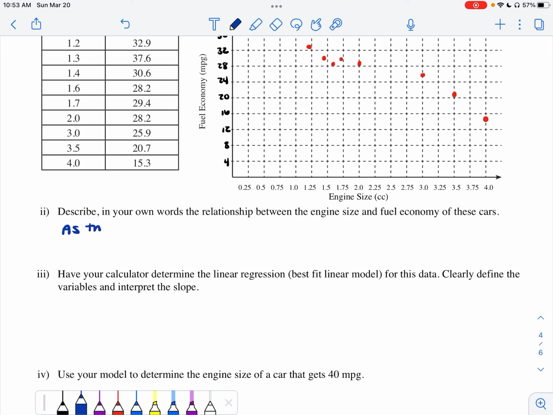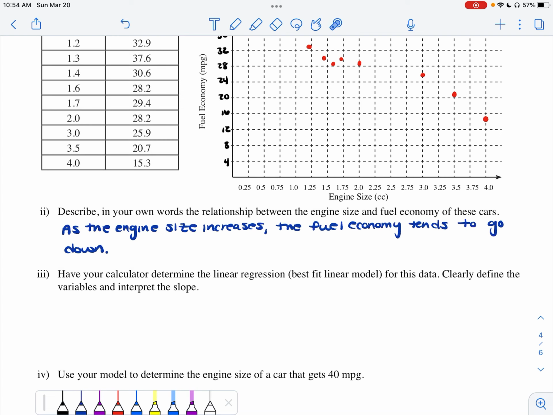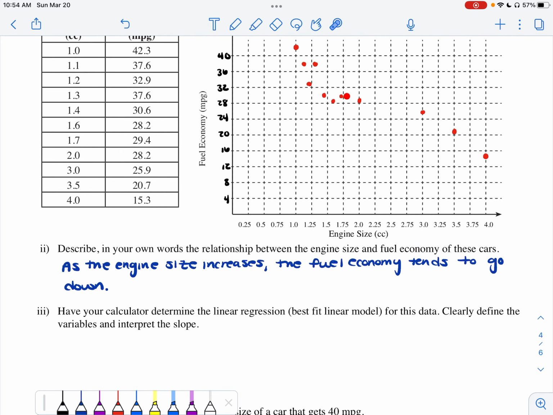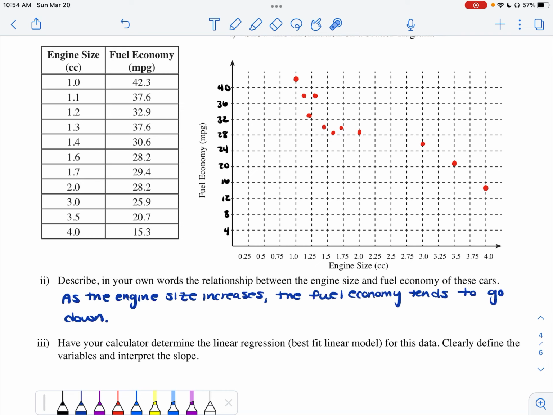We can say as the engine size increases, the fuel economy tends to go down. Okay, notice I said that word tends to go down because as we saw, there are some little fluctuations. Occasionally it does go up, but as an overall trend, the fuel economy goes down as the engine size goes up.